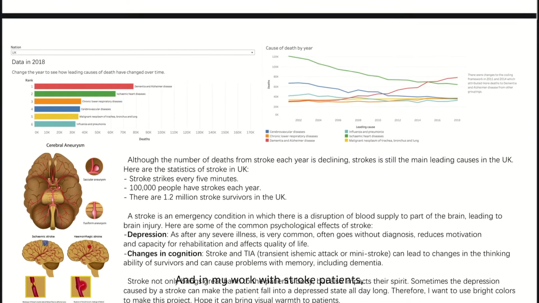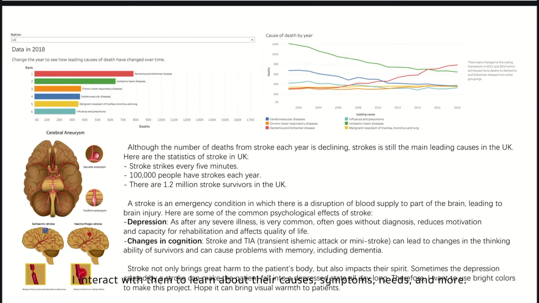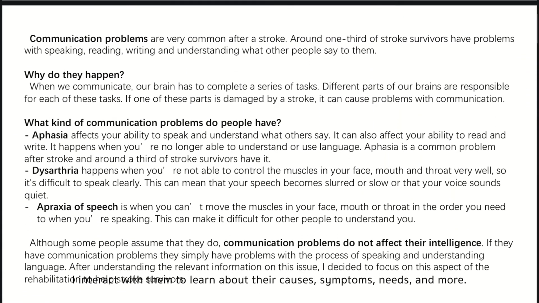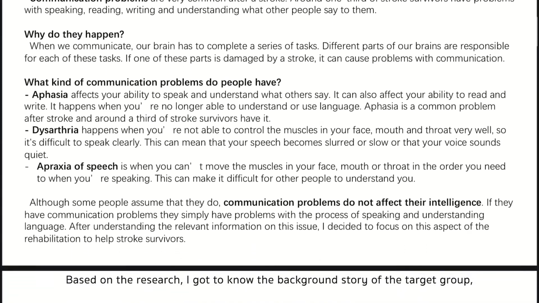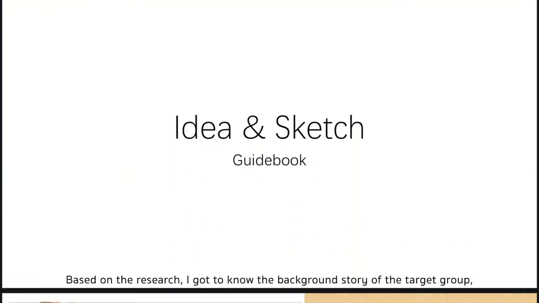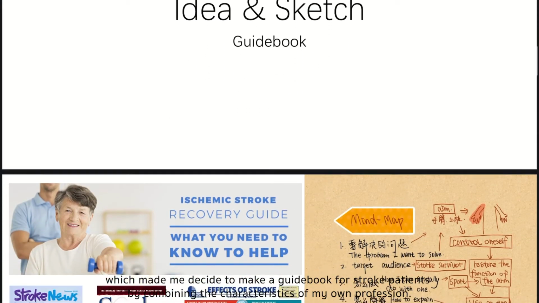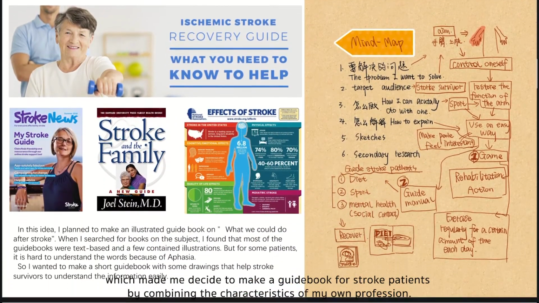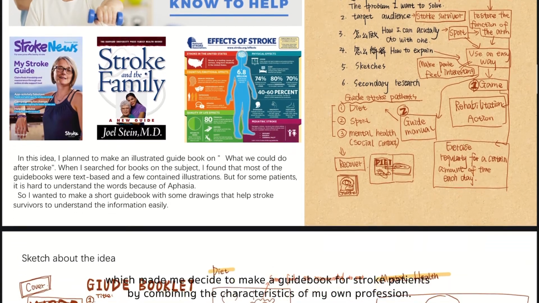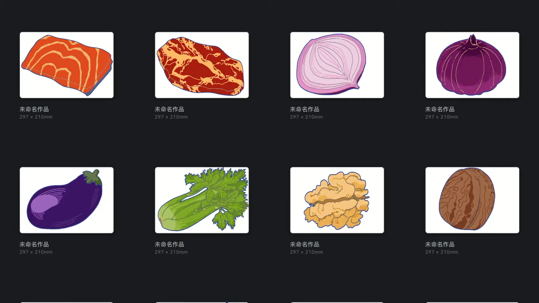And in my work with stroke patients, I interacted with them to learn about their causes, symptoms, needs, and more. Based on the research, I got to know the background story of the target group, which made me decide to make a guidebook for stroke patients by combining the characteristics of my own profession.